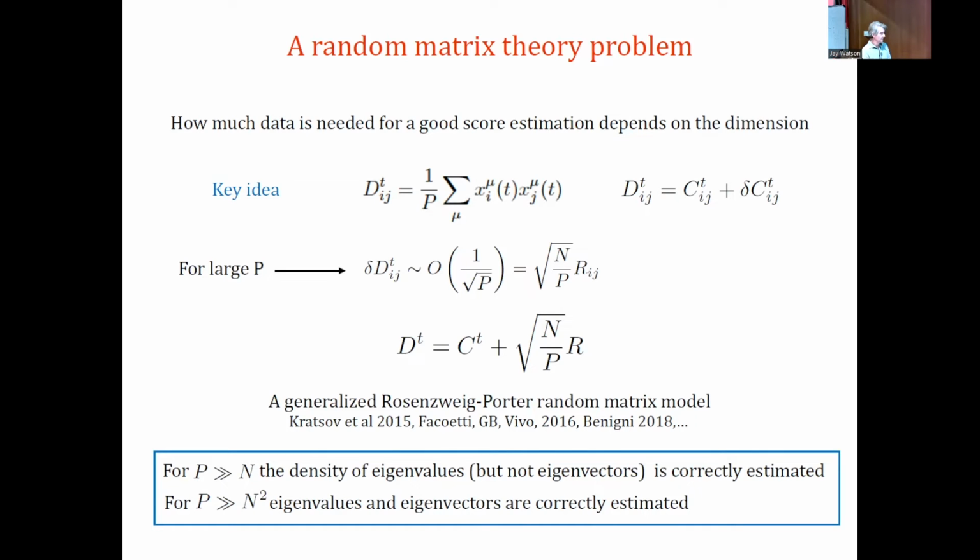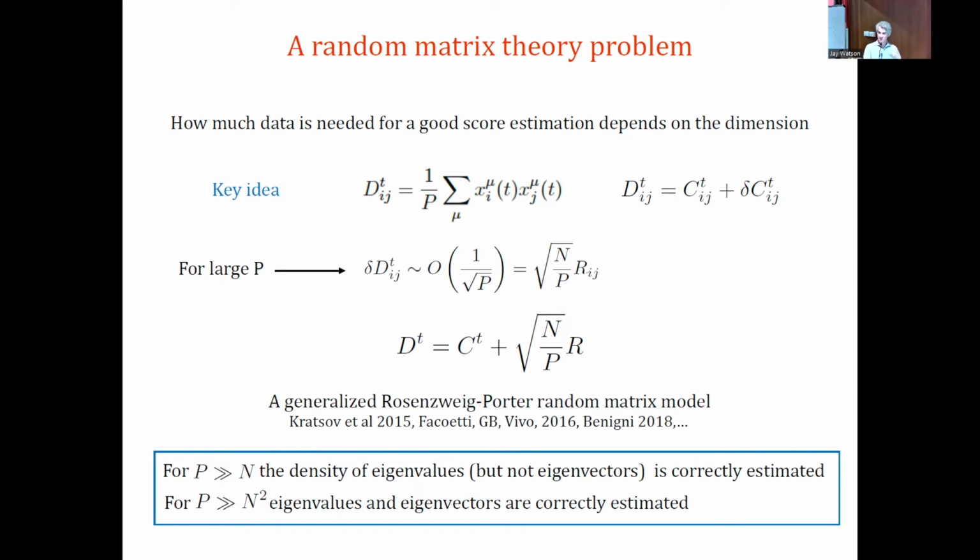So if you take a deterministic matrix C_t, and this R is a matrix from the Gaussian orthogonal ensemble, which is not the case in our case, but if it were, then this is called the Rosenzweig-Porter random matrix model, and there have been a lot of works, from physics and then from math, that tell you that if P is much larger than N, the density of eigenvalues of D is exactly the same as the density of eigenvalues of C when P and N go to infinity.